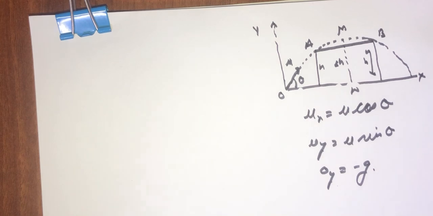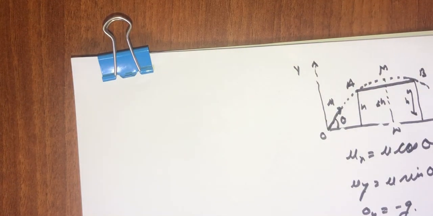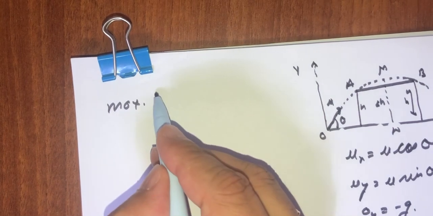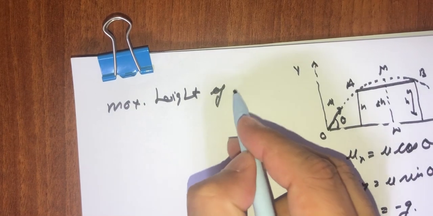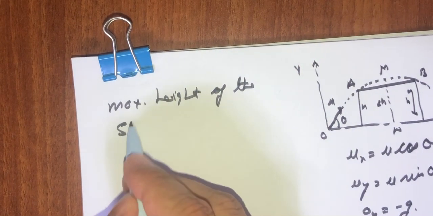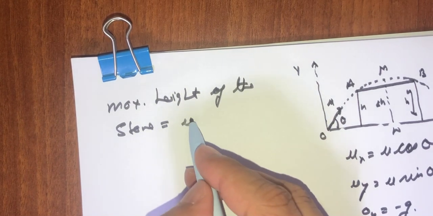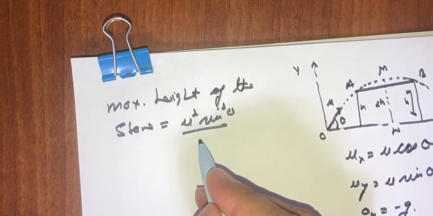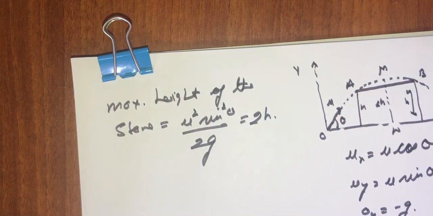In the question it is given that the maximum height attained by the stone is 2h. So by the formula for projectile maximum height, the maximum height of the stone is given as u square sin square theta divided by 2g, and in the given question it is 2h.